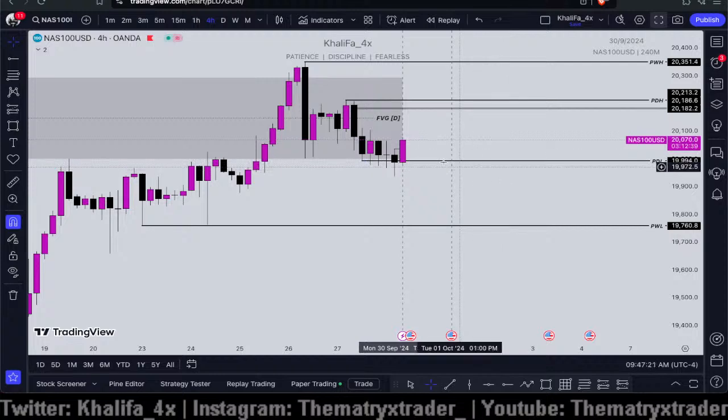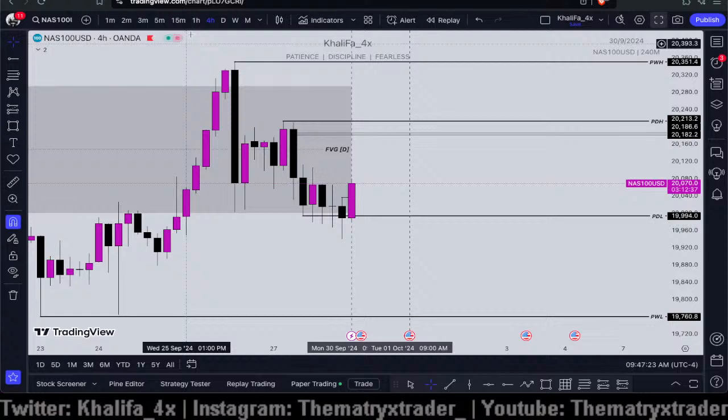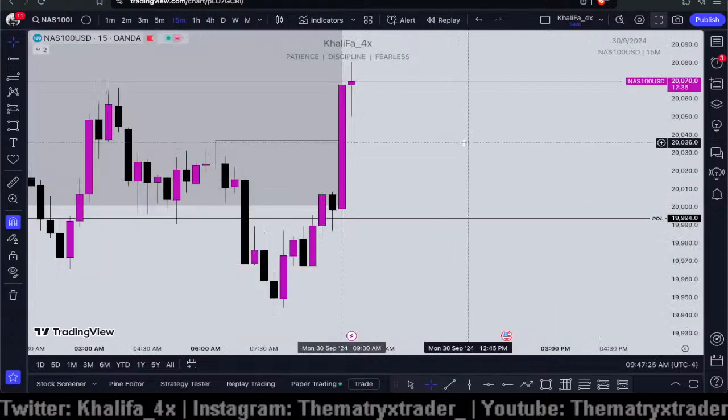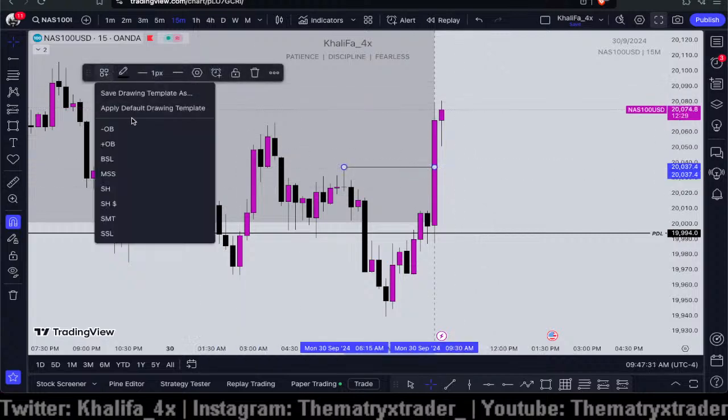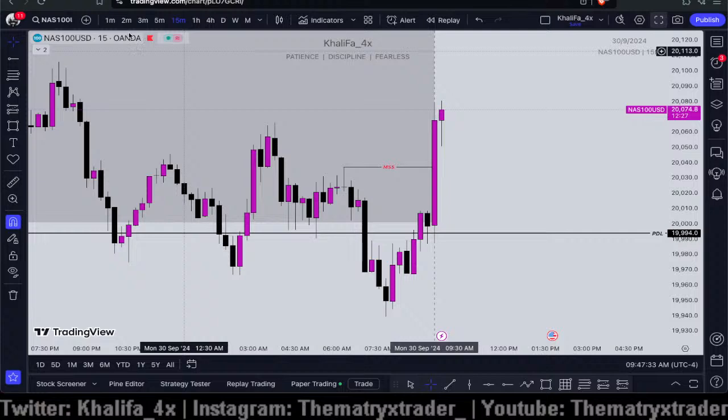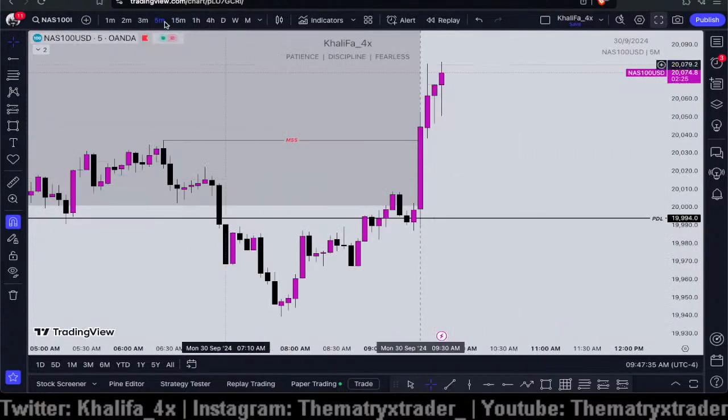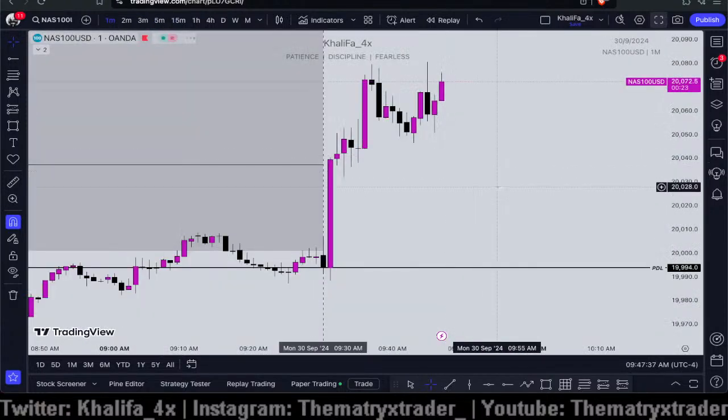All of these down close candles, folks. Okay, now this is acting as our market structure shift on the 15-minute time frame. See that?